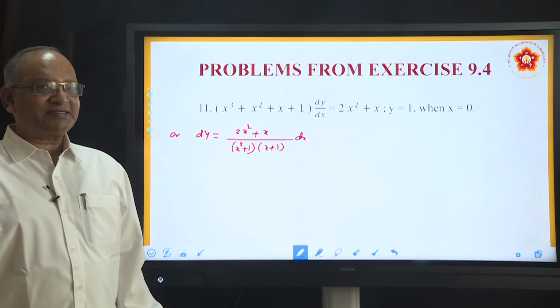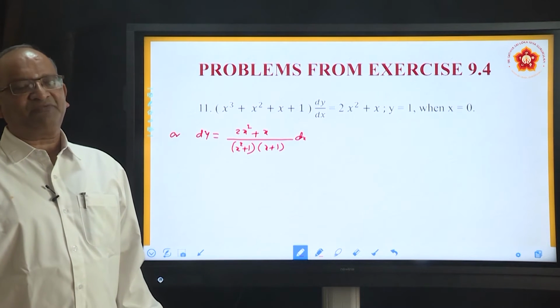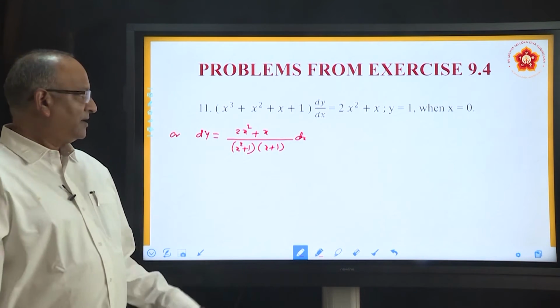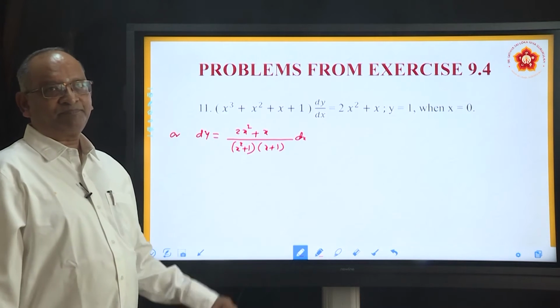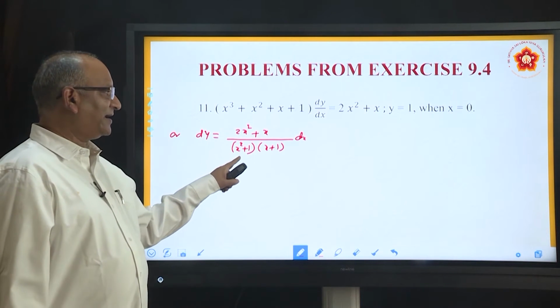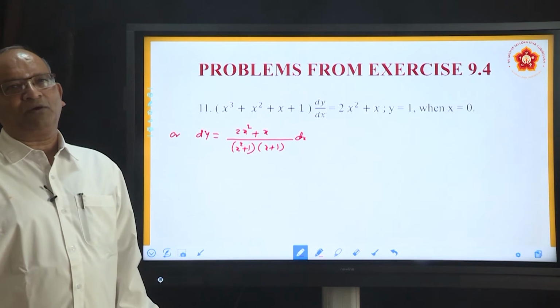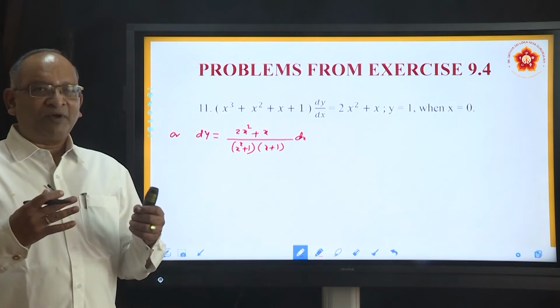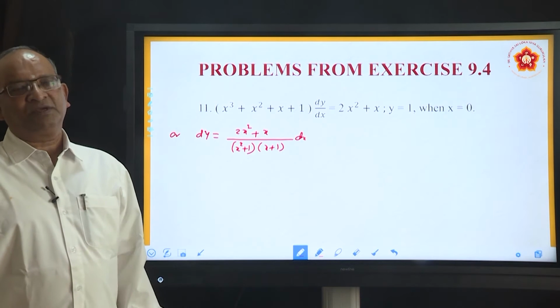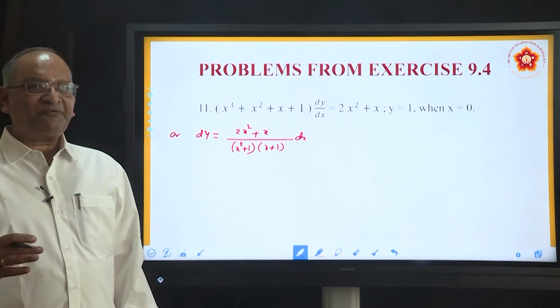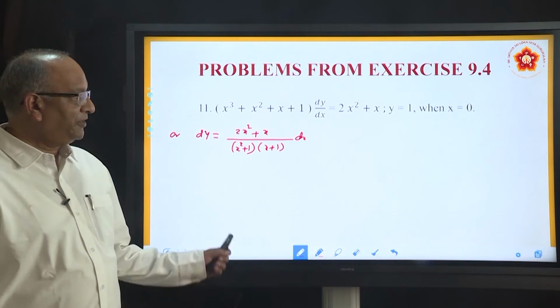How do we integrate such functions? Go back to the methods of integration. What was the method? Here is a fraction which has got a quadratic factor as well as linear factor in denominator. So, what do we do? By using the partial fractions, we separate them so that we are able to integrate. So, how do you do that?